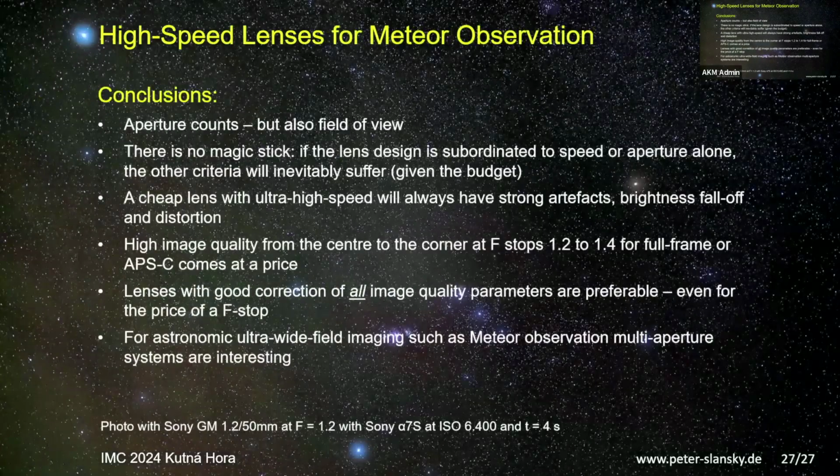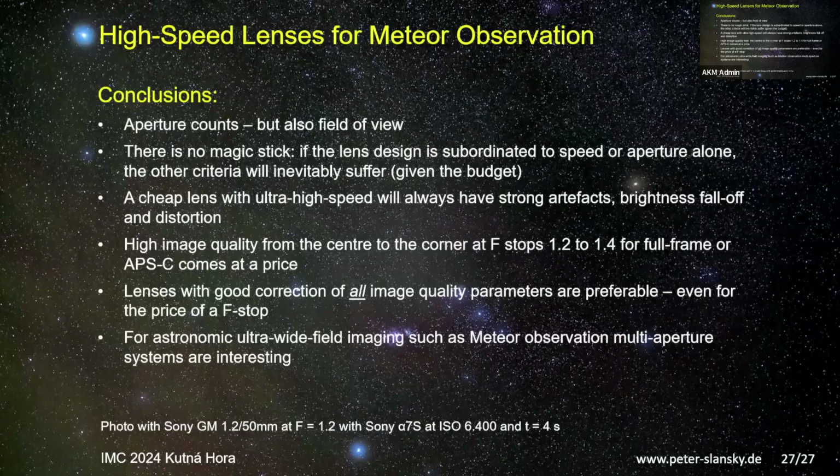Aperture counts, but also field of view. There is no magic stick. If in lens design you sacrifice everything for a large aperture, then you surely have shortcomings in the other parameters, and you get a very unbalanced image. So a balanced lens is better than an unbalanced one. And lenses with good correction of all image quality parameters are quite costly.